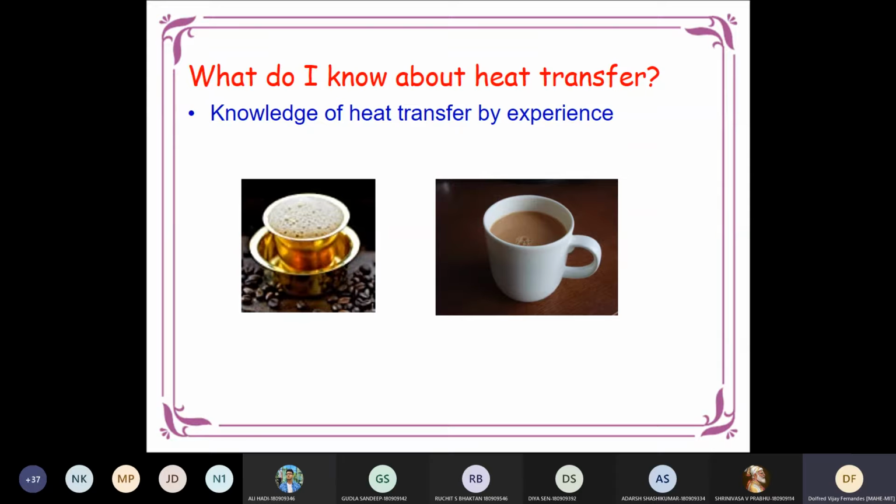Here I have put two images, and if I ask which one you prefer to drink coffee or tea from: on one side you have a metal cup in a small bowl, and then you have a ceramic cup. Which one is better to handle?